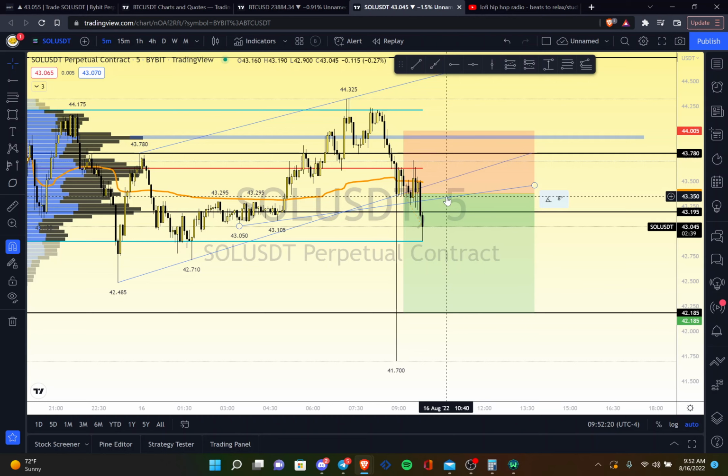The 1 minute is showing that it'll probably come back. If it's going to hold, it's likely going to come back to 43.2, whether it comes down here again or not, and then we'll see if this level holds as resistance. I'm not sure. Actually, let me just see. There we go. We'll measure the 1 minute trends this way.